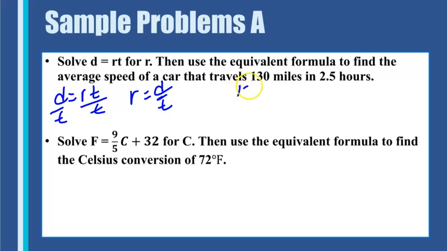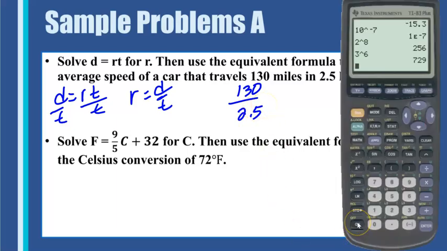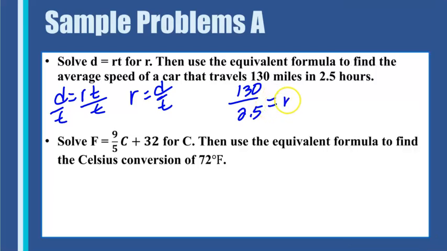They give us the distance of 130. We're going to divide that by the time, which was 2.5. Going to grab my calculator, and we have 130 divided by 2.5. That gives us 52. So the rate, or the speed of the car, would be 52. This would be miles per hour.